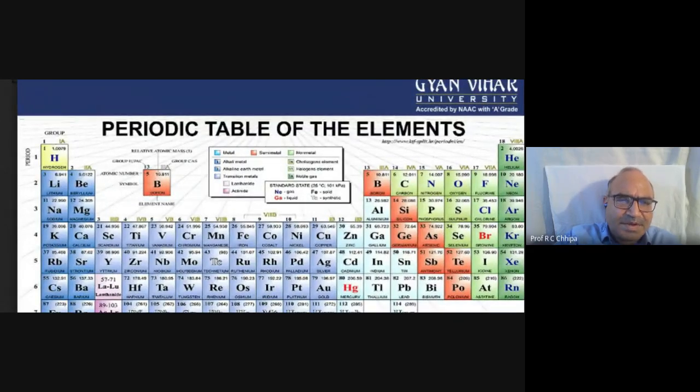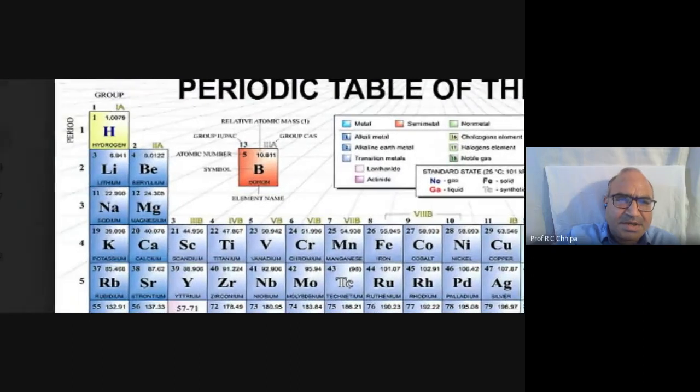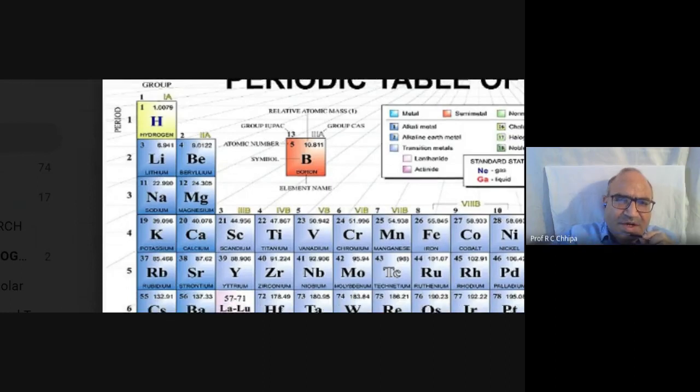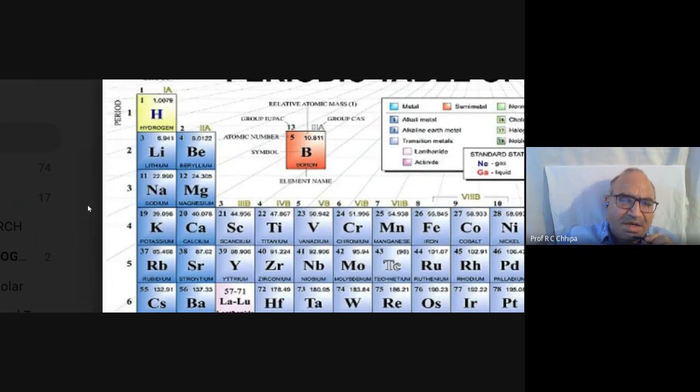You can see calcium in the second A group. The atomic number of calcium is 20 and the atomic weight is 40.